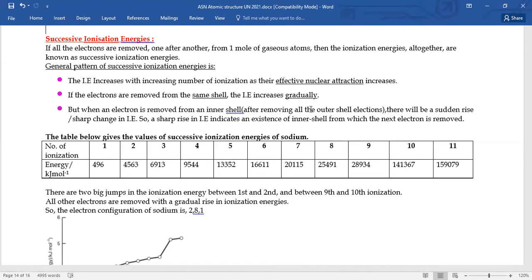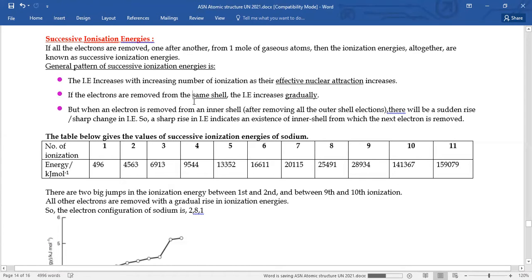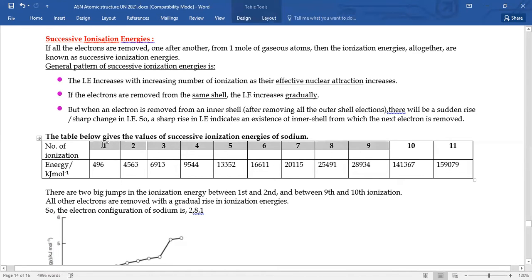The example given for sodium in the table, you read. Ask me if you have any further query.